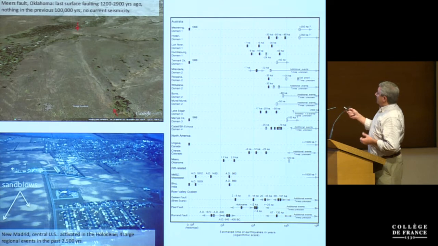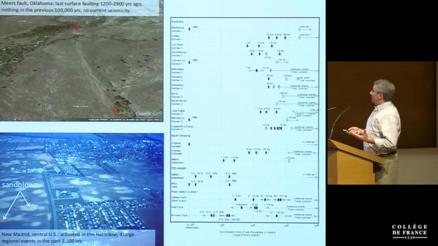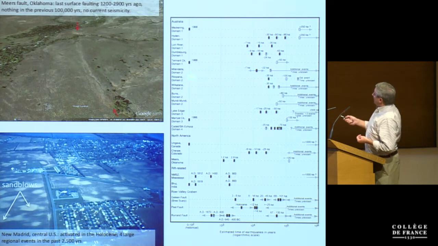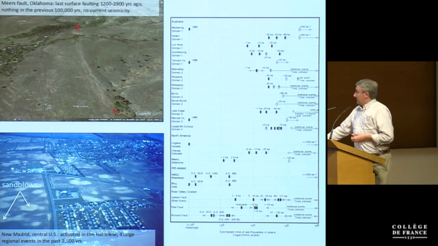And you can see that it's really hard to find any regularity in all this. And you can even find examples like, where is it? The Meers Fault, we have 2 earthquakes and then nothing since then and nothing that we know of before, or earthquakes like, again, some earthquakes in Australia where the same thing happened.